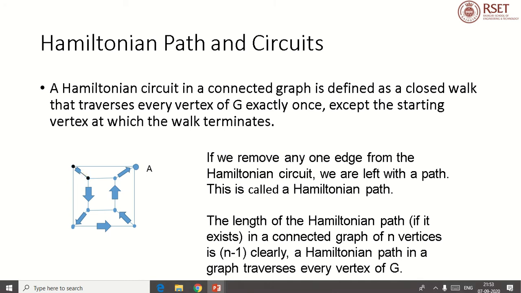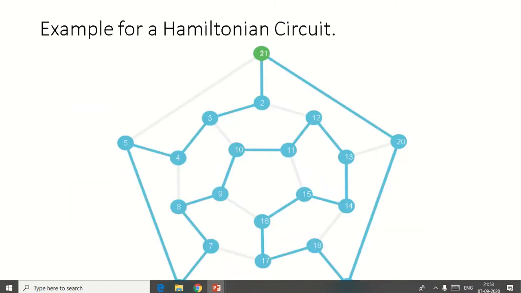See another example. Example 4, a Hamiltonian circuit. In this graph, we start from this green vertex. We can move like this, 2, 3, 4, 5, 6, 7, 8, and so on, reaching 20. Then after that, we reach 1.